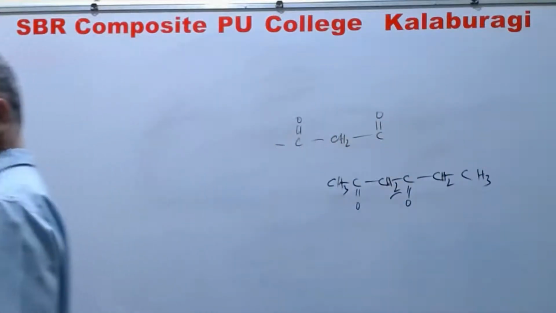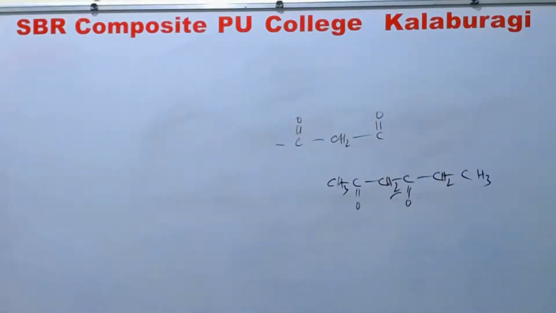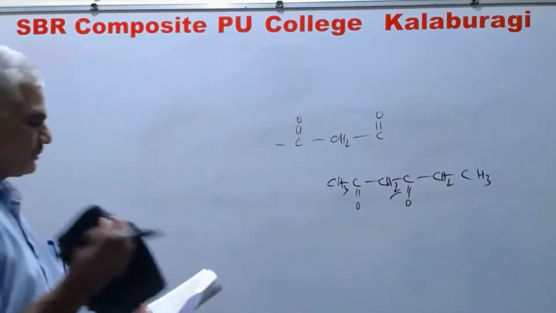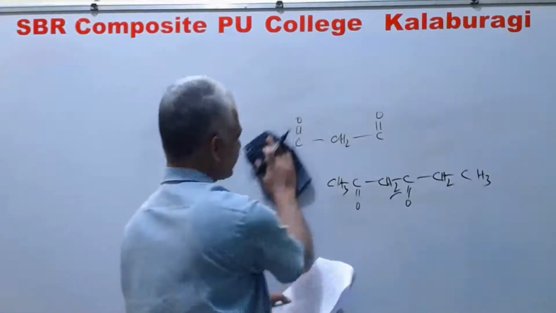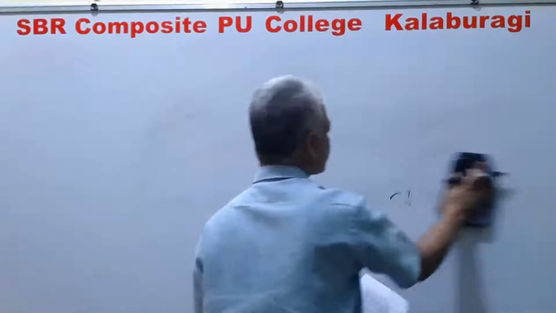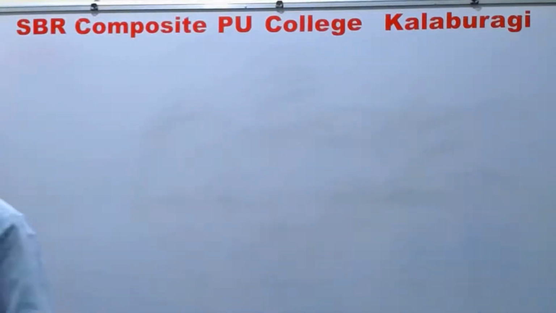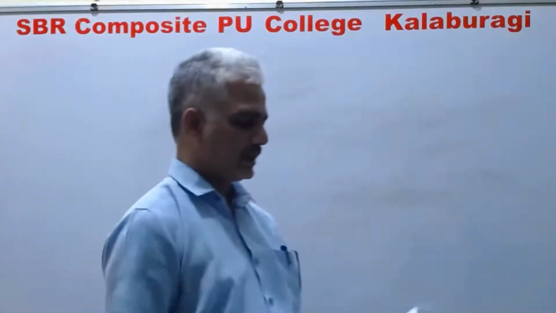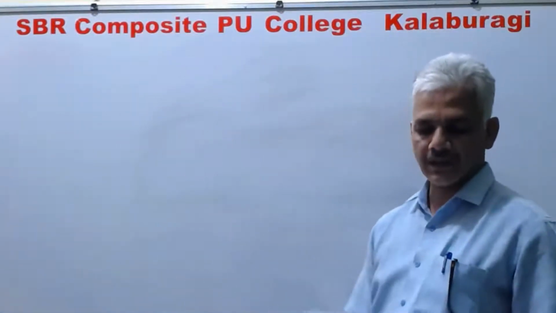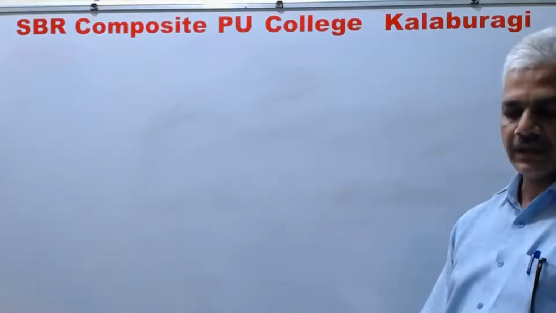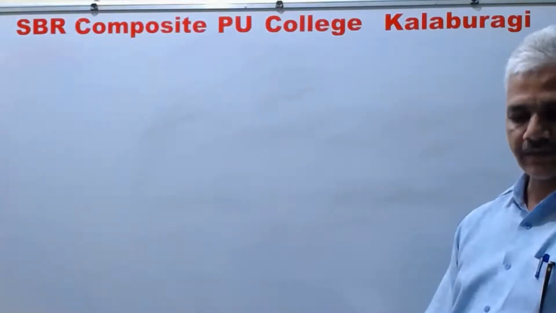Next, 17th question. Benzyl alcohol can be prepared from benzaldehyde by Friedel-Crafts reaction, Cannizzaro's reaction, Kolbe's reaction, Reimer-Tiemann reaction.